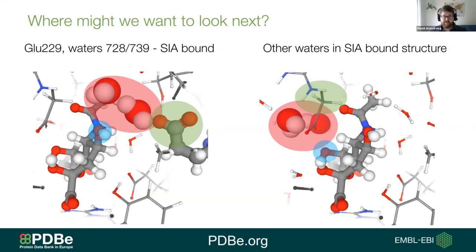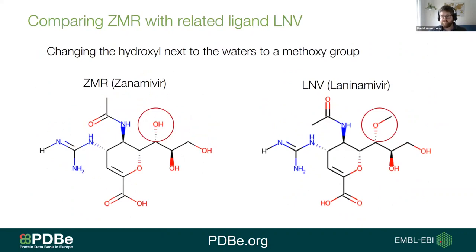And interestingly, in looking a bit more at the PDBe database, I was able to find something which is very closely related to zanamivir called laninamivir. Although it's identical otherwise to zanamivir, it has this hydroxyl group changed to a methoxy group with this additional methyl on it. Now, obviously, this makes it a more hydrophobic interaction.